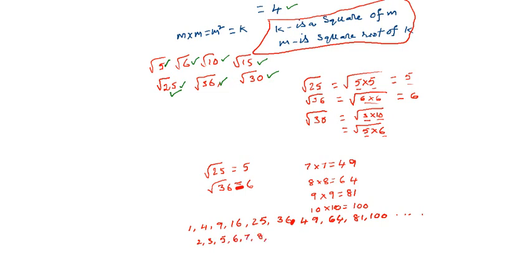Like these, all are not perfect square numbers. While 1, 4, 9, 16, 25, 36 are. That means a number which can be written as the product of two equal factors is called a perfect square. Otherwise, they are not perfect square numbers.